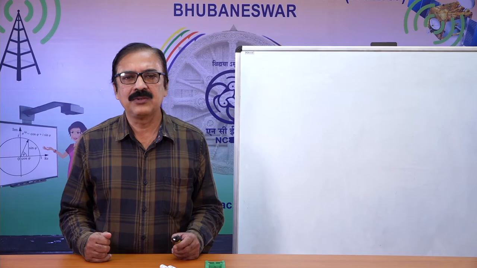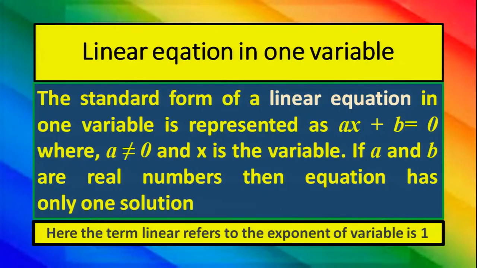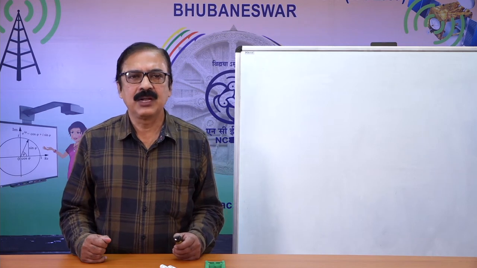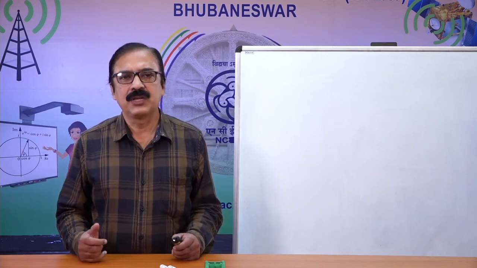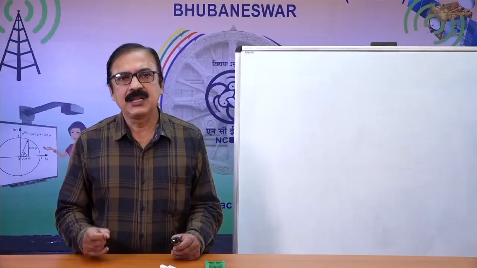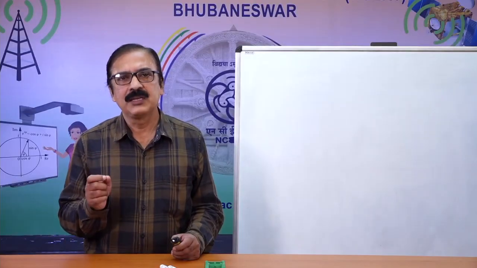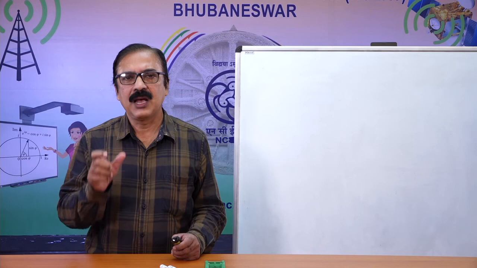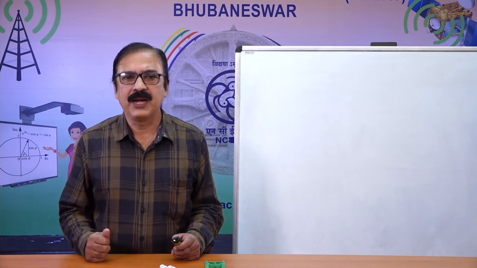Then what is the solution? The solution is x is equal to minus b by a, as the term linear refers to the exponent of the variable being 1. Okay. Now let's consider what is the solution. The process of finding this unique value. Unique value means it is the only value for which the algebraic statement is satisfied.